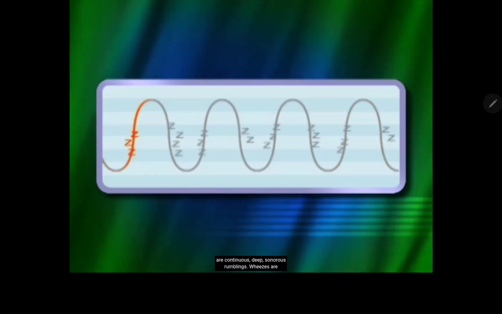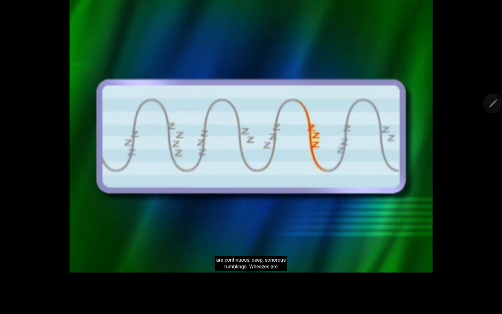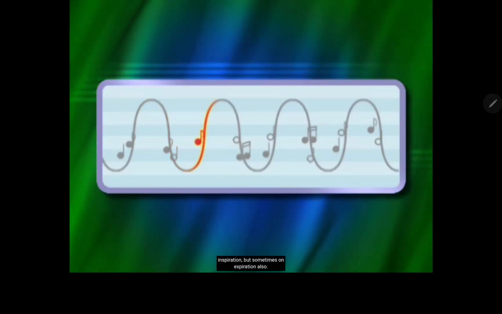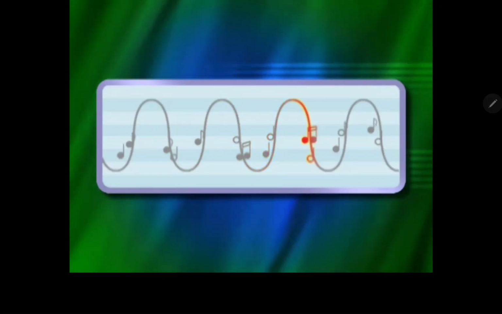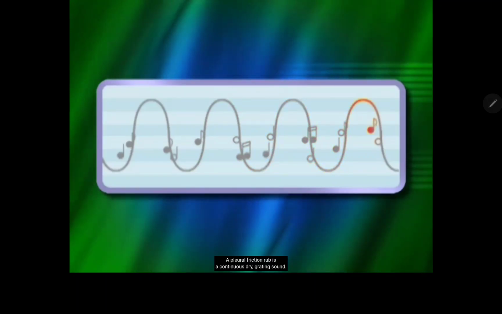Rhonchi are continuous, deep, sonorous rumblings. Wheezes are continuous, sibilant, or musical noises, usually heard on inspiration, but sometimes on expiration also. A pleural friction rub is a continuous dry grating sound.